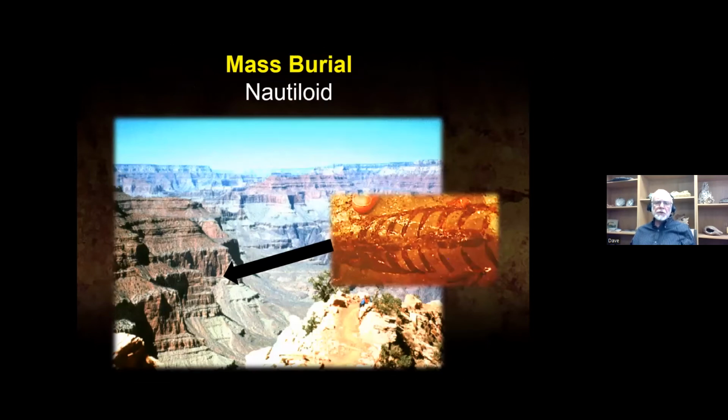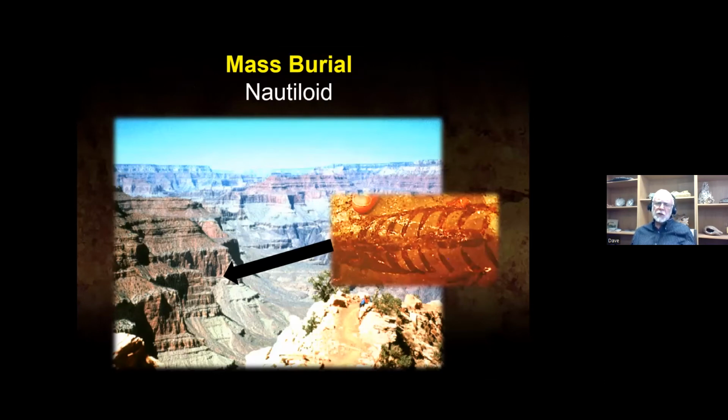Another mass burial is in the Grand Canyon. There they find these fossils of what are called nautiloids, and they're long cigar-looking fossils. Some of them are 3 inches long, some of them are 3 feet long. But in the canyon, they seem to be oriented in a particular direction.